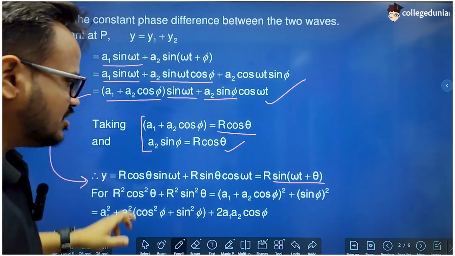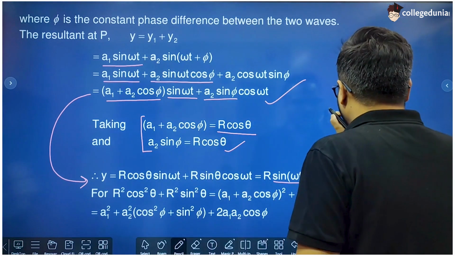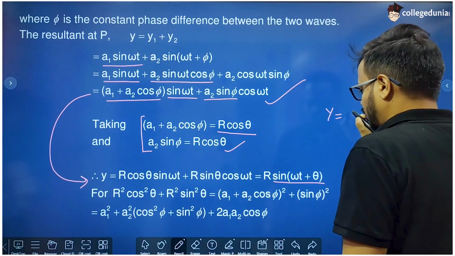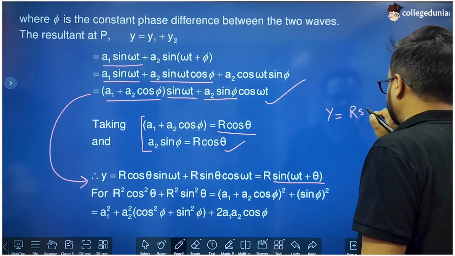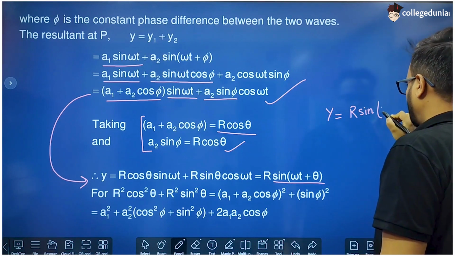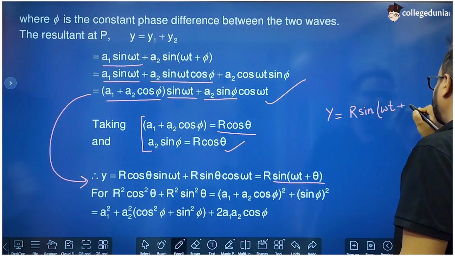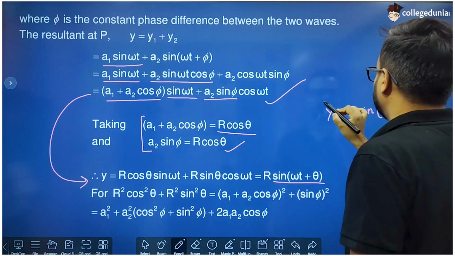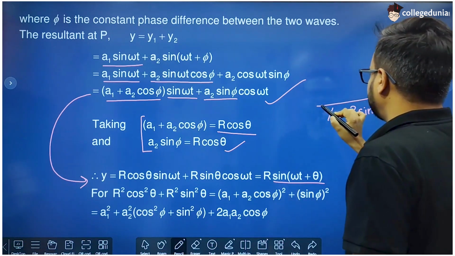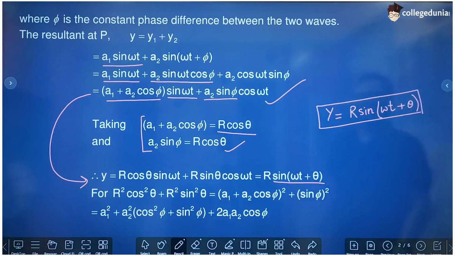So after doing this substitution, now see, this equation is r sin omega t plus theta, right?